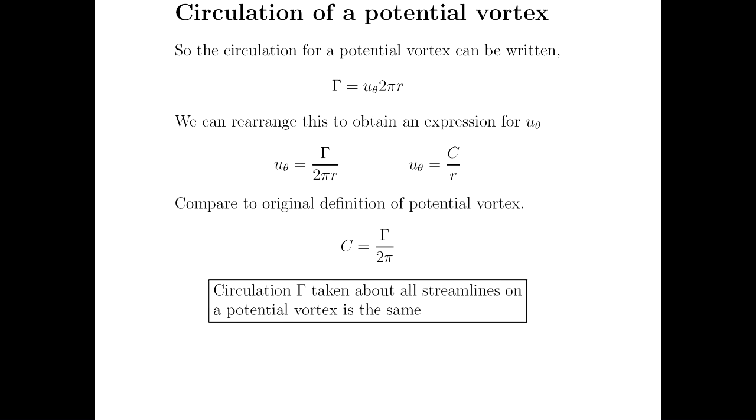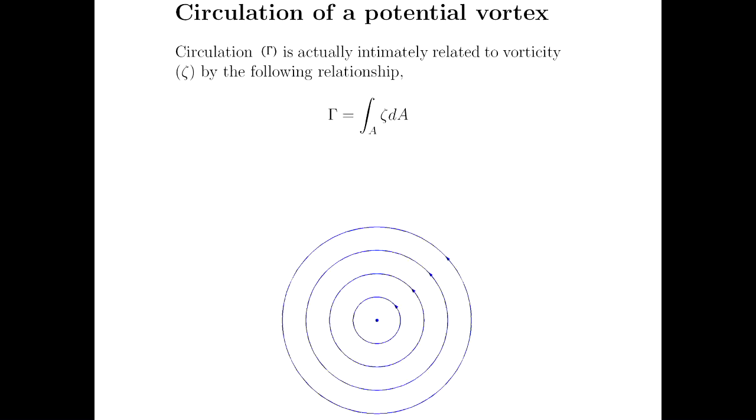Any questions so far? Everything okay? Yep. Right. So circulation is also very closely related to vorticity. Okay. It's basically the surface integral of vorticity. Okay. So circulation is equal to the surface integral of vorticity.